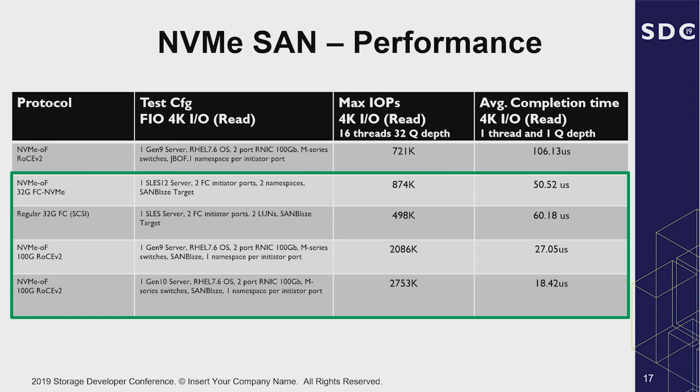We are at like 18 microsecond end-to-end latency. The comparison is unfair. You're comparing 32 versus 100. No, I'm comparing just. But the latency should not be an issue there from the speeds and feeds perspective. IOPS, yes, I agree.